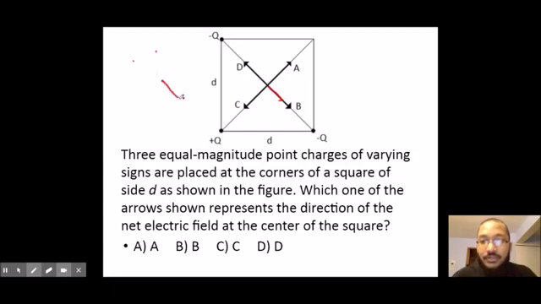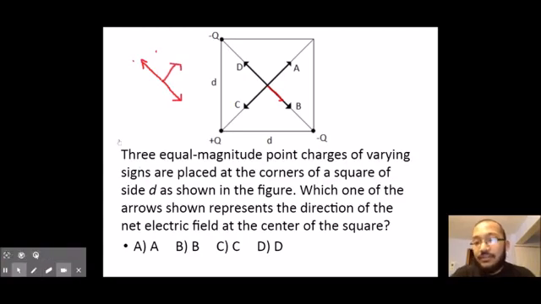Negative in the bottom right corner, a positive test charge would be attracted to it. A positive test charge would be attracted to the one in the top left corner as well, and it would be repelled by the one down here, a positive test charge. Like charges repel, so then the overall net electric field is, again, A.